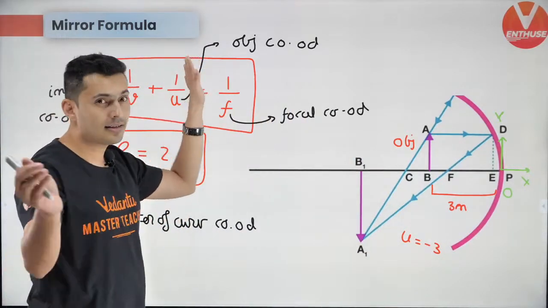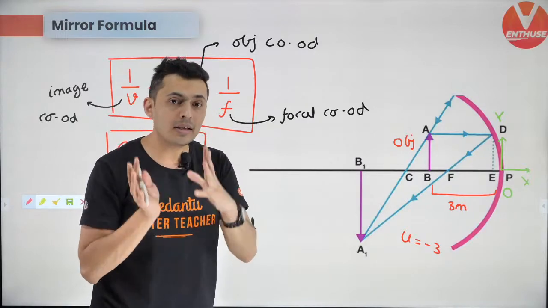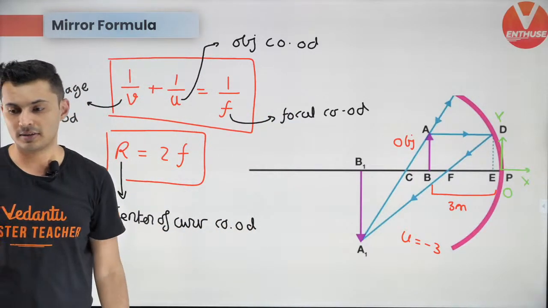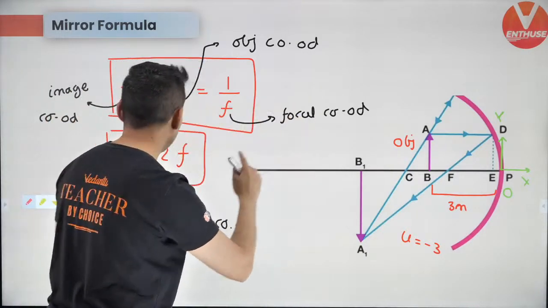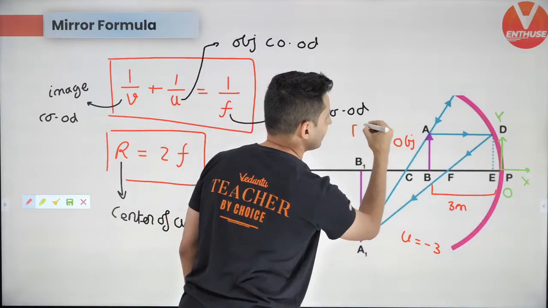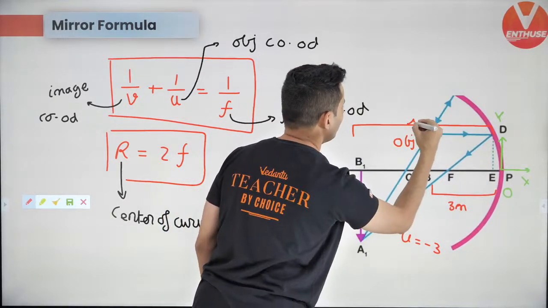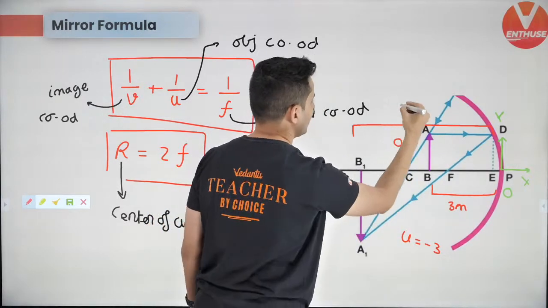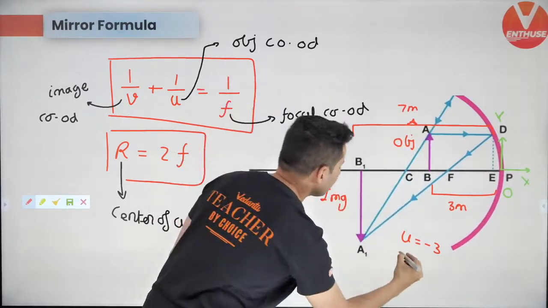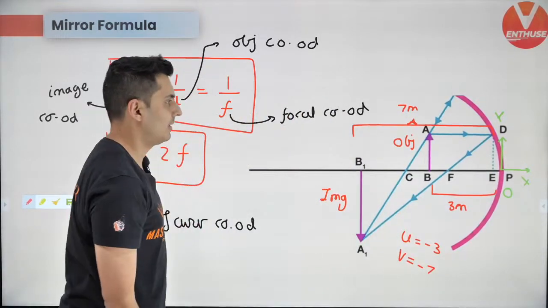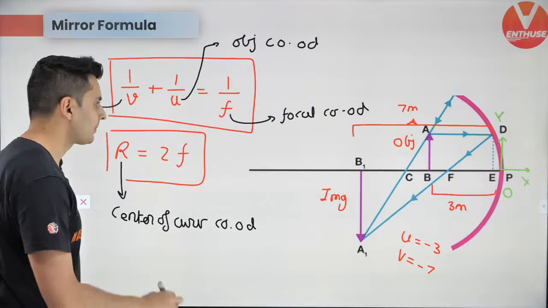That's why I'm saying, rather than remembering distance, think of it like coordinates, guys. Next, if this distance where the image is formed is, for example, 7 meters, then the value of v, because the coordinate will be negative, will be -7. I hope this is clear.